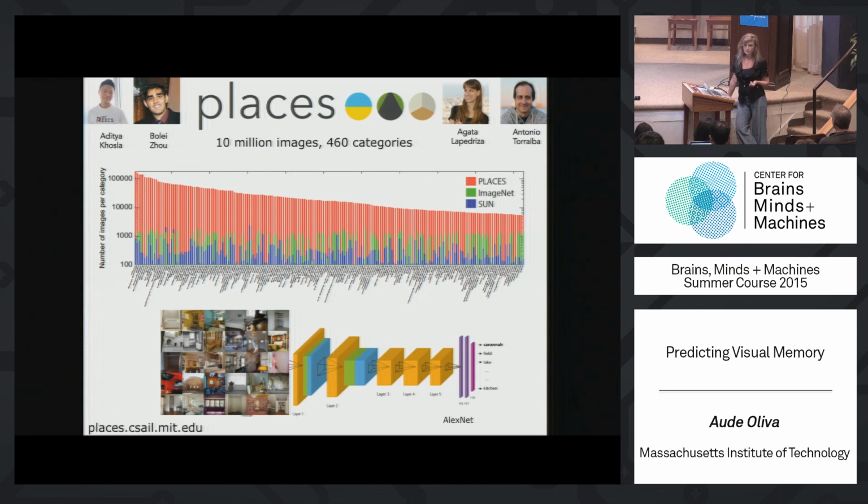So this is a larger dataset of labeled images to be used right away for artificial system learning, deep learning, and so on. Here is just a snapshot of the differences of the places in terms of the number of exemplars over a large data set.